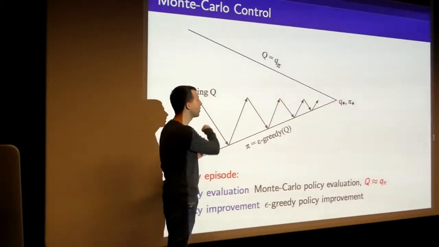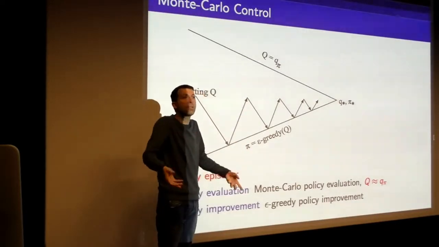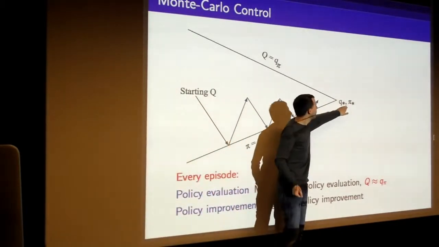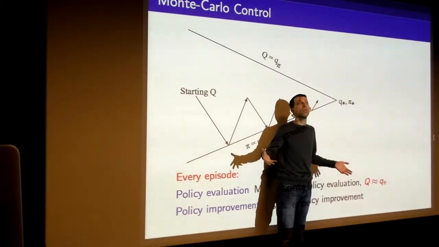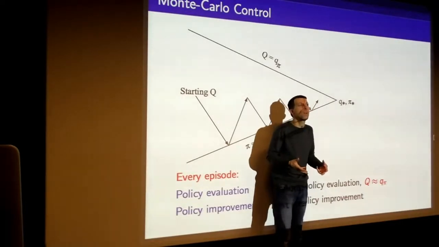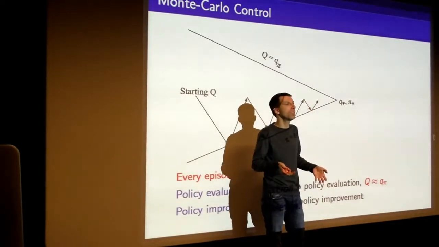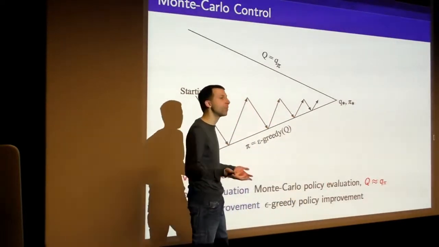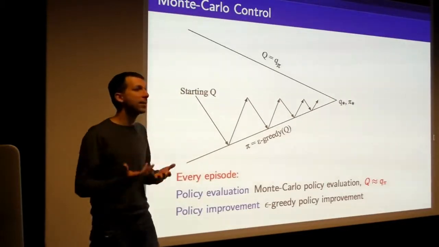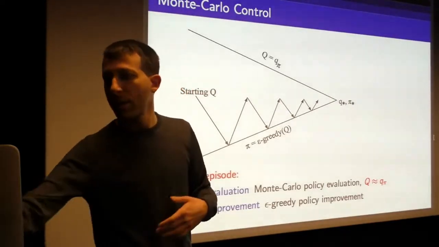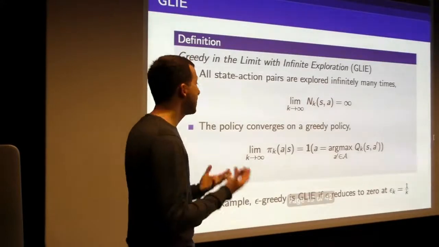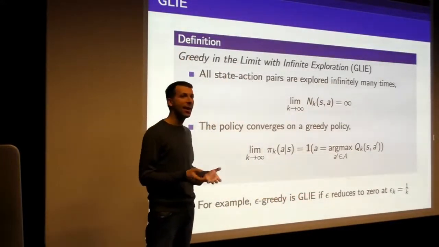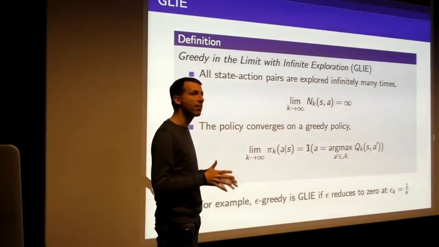We need to make sure that we continue exploring so that we don't exclude things which are better, but we also want to make sure that asymptotically we get to a policy where we're not exploring at all anymore, because we want the best possible policy, and the best possible policy will not include this random behavior. That is extremely unlikely to be optimal. So how do we balance those two factors? One idea for balancing those two factors is called GLIE, greedy in the limit with infinite exploration.